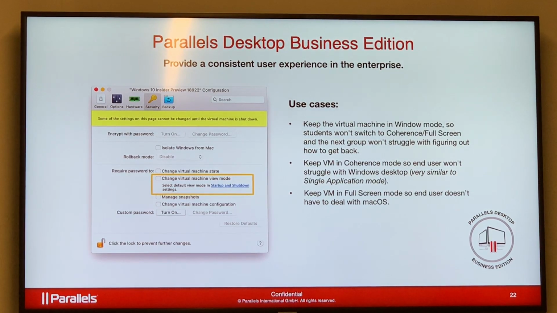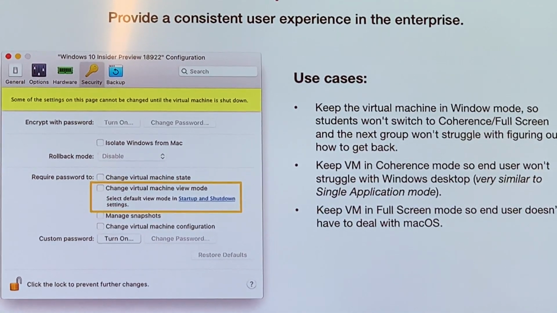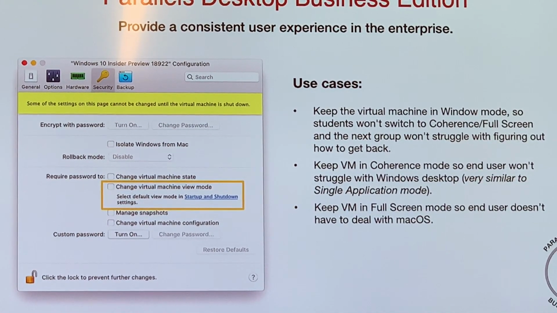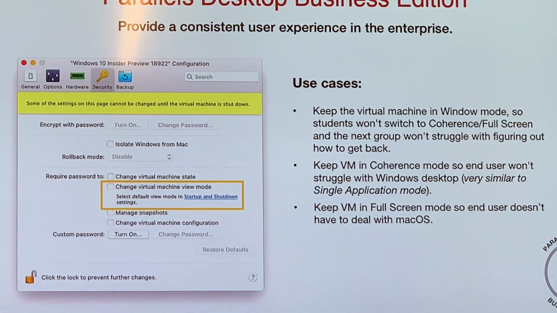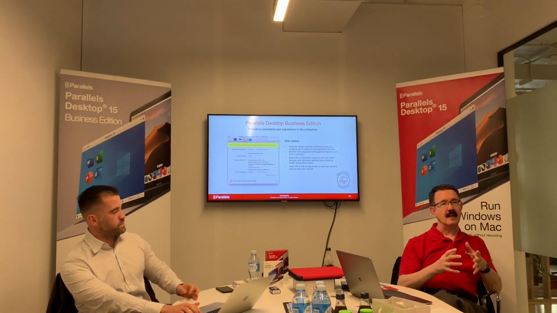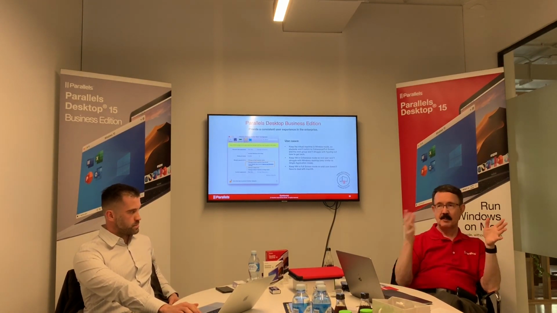To continue with enterprise business users, an additional feature requested by a lot of our users was a way to keep a consistent view mode, whether you use Coherence or full screen, whatever your business decides to use. Now we have a tick box that lets you lock your view mode. This request came primarily from IT managers with a classroom or lab environment, with different sets of people coming in each day.